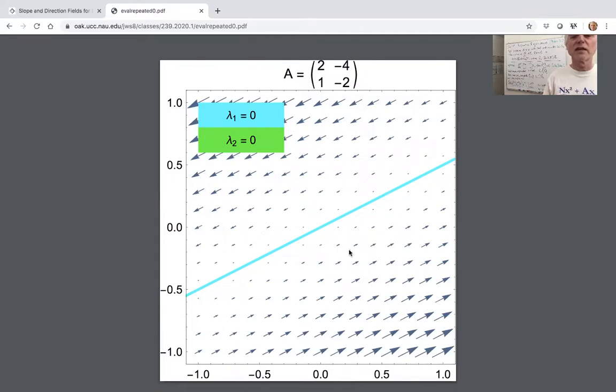Things like 1/2, 1/4, things like 0, 0. All of the initial conditions on this blue line give me equilibrium solutions where x of t is a constant function. All right, so we'll do another example in a while where we have non-zero eigenvalues. Okay, bye.